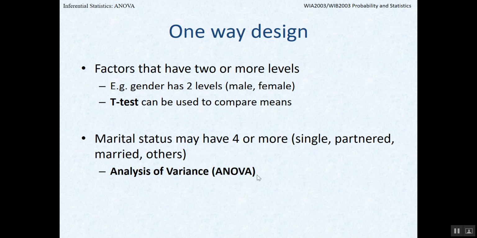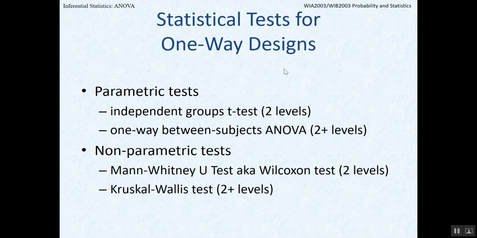You can use ANOVA. The statistical test for a one-way design can be parametric or non-parametric. Although parametric you can actually cover in the last chapter, I'm just letting you know now: if parametric, that means your data has fulfilled certain things, like random, independent values, and it is normally distributed, so you can use a parametric test.